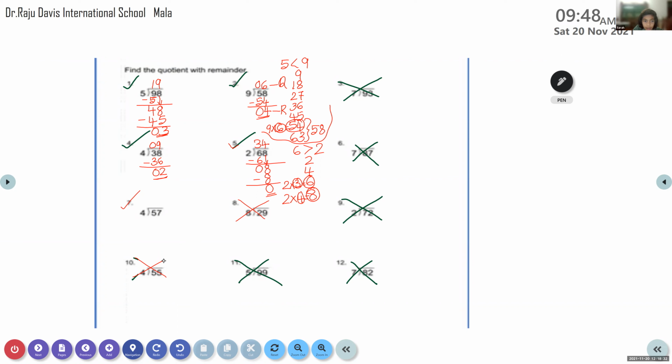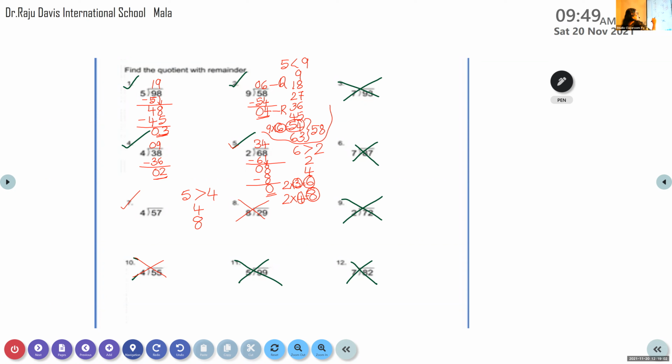We have to compare 5 and 4. Yes, the first digit of the dividend and the divisor are to be compared. 5 is greater, right? Yes. So, next step. We want to write the table of 4. 4 into 1 is 4. 8.